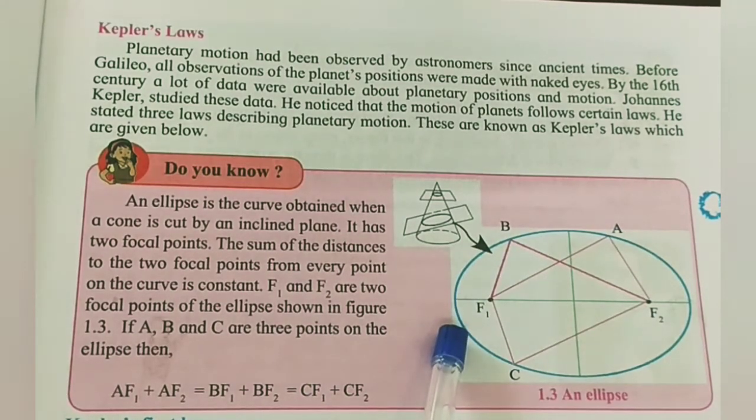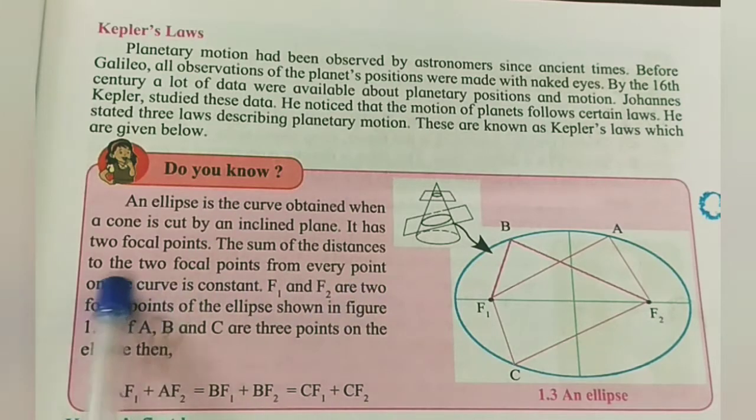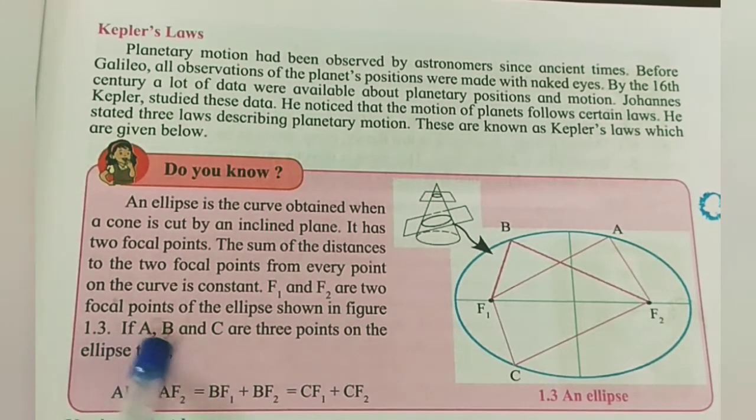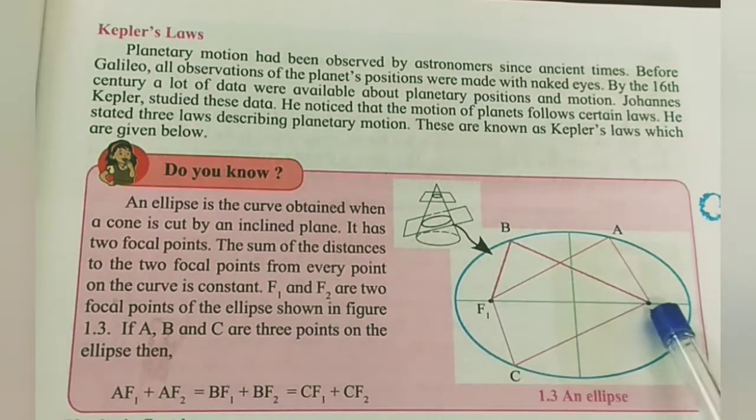Okay. So if you take any point on the curve, the sum of the distances from the 2 focal points is constant. F1 and F2 are 2 focal points of the ellipse shown in the figure. If A, B and C are the 3 points on the ellipse, then F1 and F2 are the focal points of the ellipse.